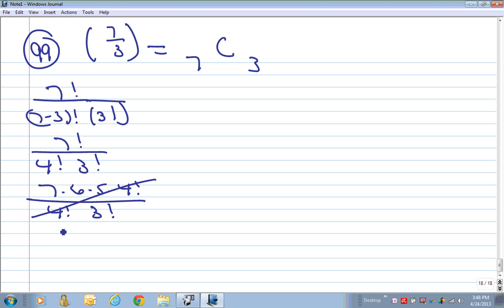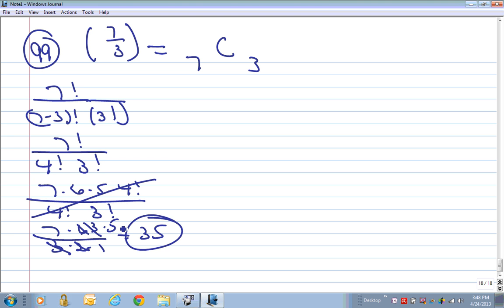The 4 factorials would go out. 7 times 6 times 5 over 3 times 2 times 1. The 2 would go here, cross this out, becomes a 3. In the bottom, you have a 3. In the top, you would have a 3, times 5. Sorry about that. Then you have this 3 to cancel, and 5 times 7 is 35.